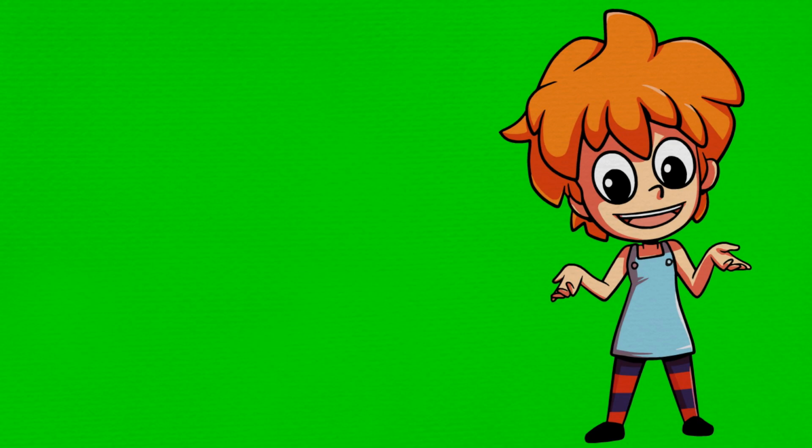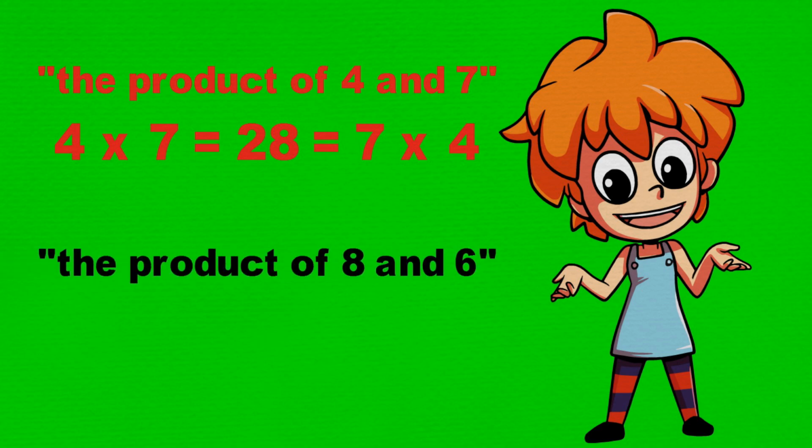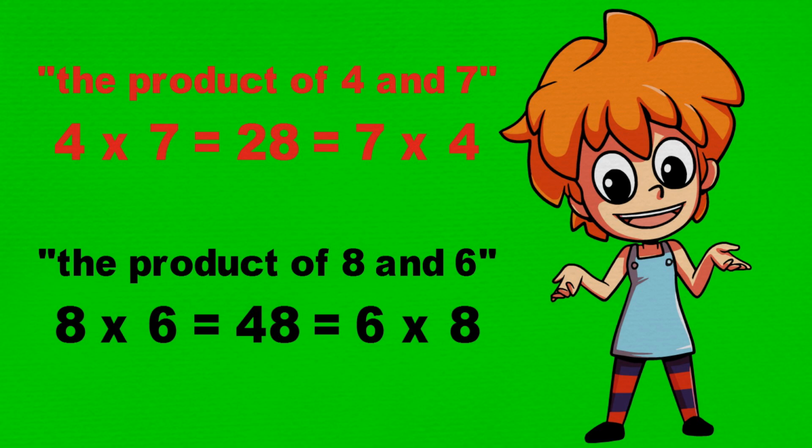For example, the product of 4 and 7 is 28, or in other words, 4 times 7 or 7 times 4 equals 28. The product of 8 and 6 is 48, meaning 8 times 6 or 6 times 8 equals 48."